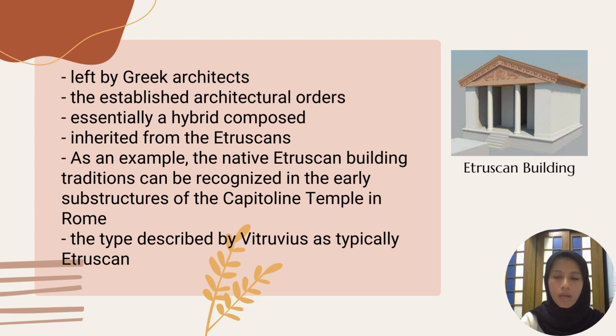With archaeological evidence of this kind supplemented by ancient descriptions, this temple can be identified as the type described by Vitruvius as typically Etruscan, consisting basically of a wide structure with a deep porch supported by columns.